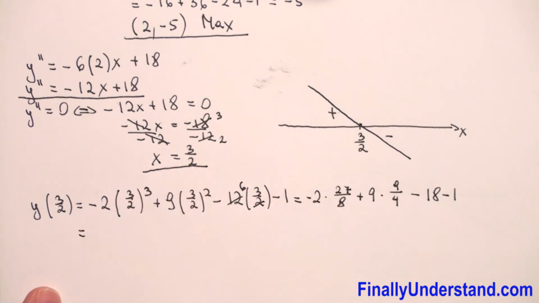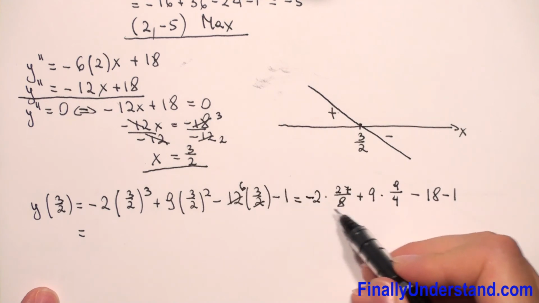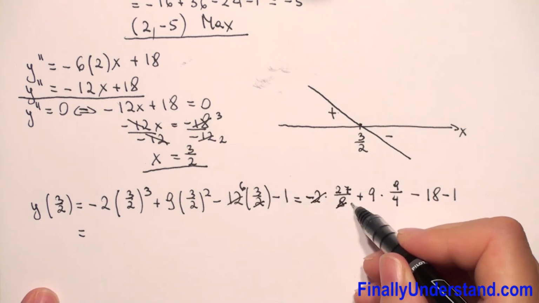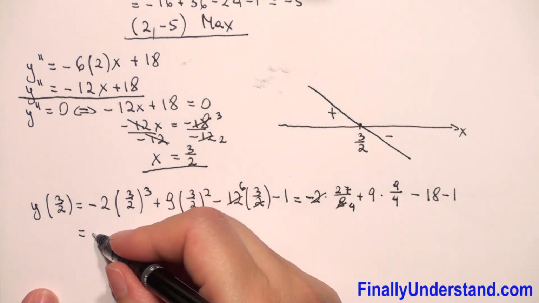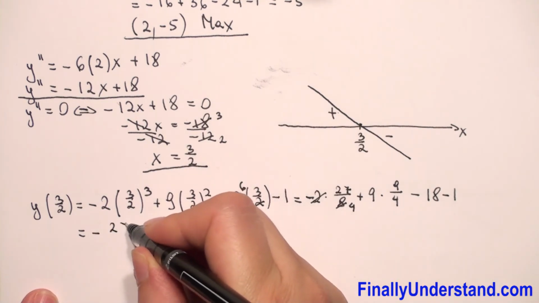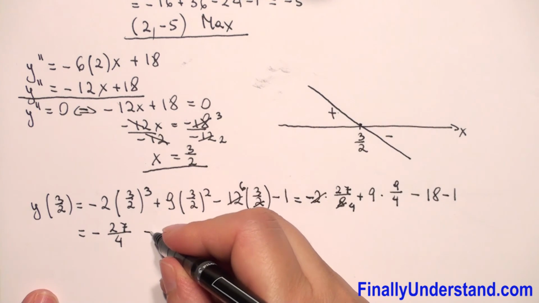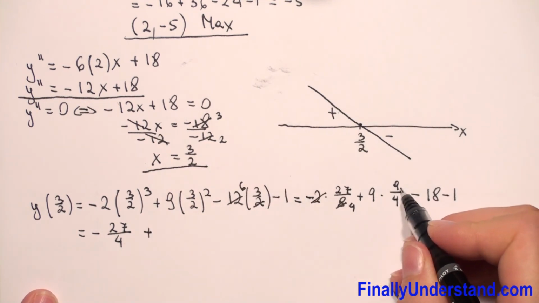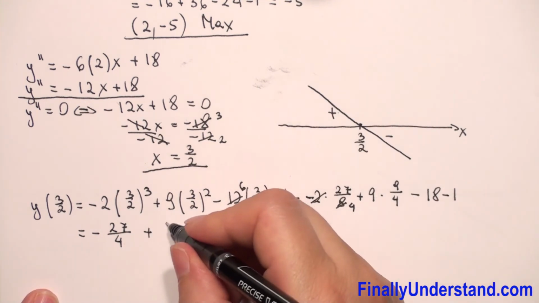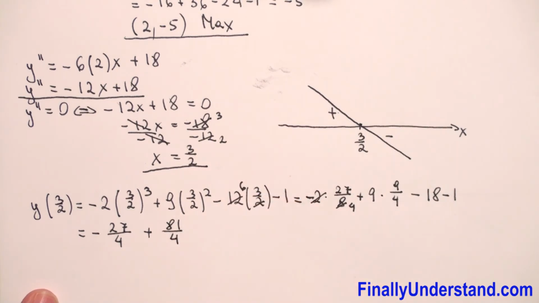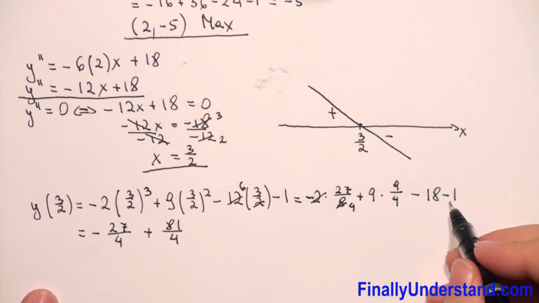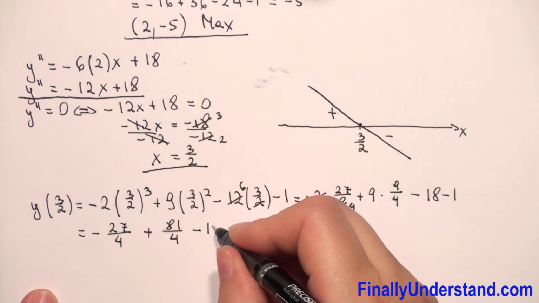So this is equal to negative 2 times 27 over 8. We can reduce 2 with 8, which will be 4. So we have negative 27 over 4 plus 9 times 9 is 81 over 4, negative 18, negative 1 is negative 19.